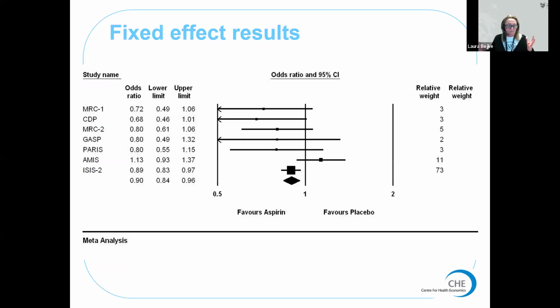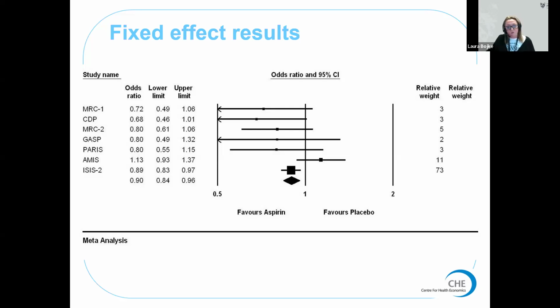So here I've just presented the fixed effects results in terms of that forest plot. Again, we've got those odds ratios and their 95% confidence intervals from the individual studies. But you can see now we've got that diamond shape at the end of the forest plot, and that represents the pooled estimate using a fixed effects model.